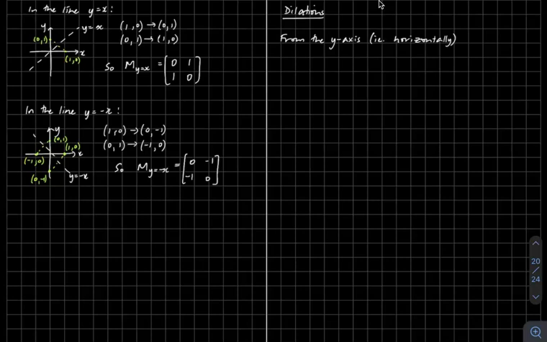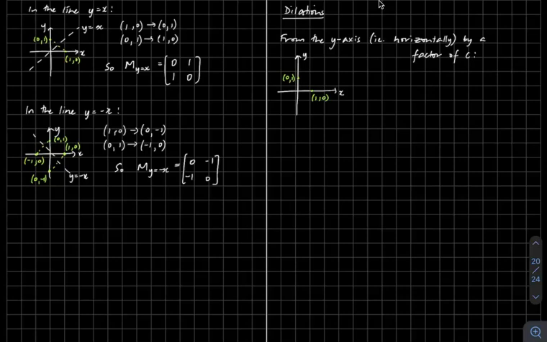That makes sense. So let's draw ourselves a little sketch here. So y and x, and if I had these points, 1, 0 and 0, 1. Now if I'm dilating from there, let's say by a factor of c, so let's just call our scalar factor c.